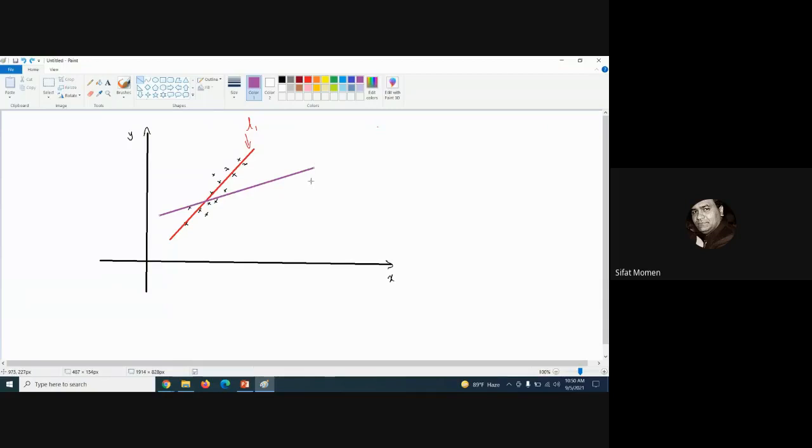Let's call this line L2. Which one is a better fit line? What do you think? L1, sir. L1. So everybody unanimously agrees that L1 is better, right?